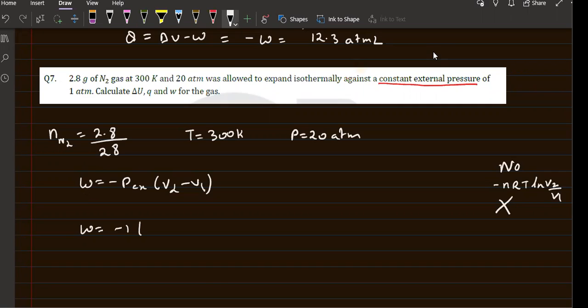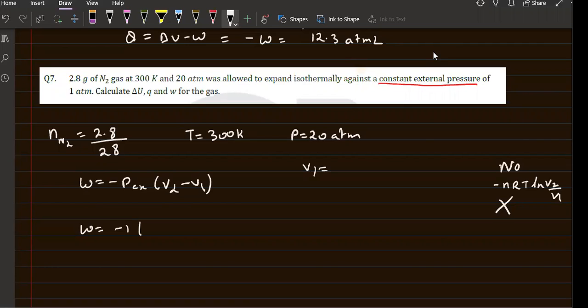Can you calculate V2? So let's calculate V1 first.